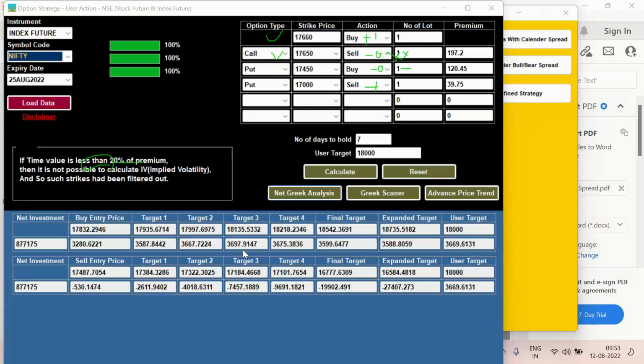Along with that, whenever you look at the profit and loss, you will see some extreme losses here. If it comes to 16,500, you will get a 27k loss. But if it goes to 18,500, which is the extreme case, your profit is 3,500.